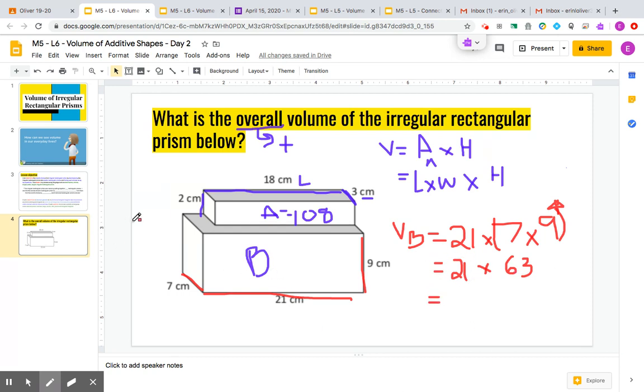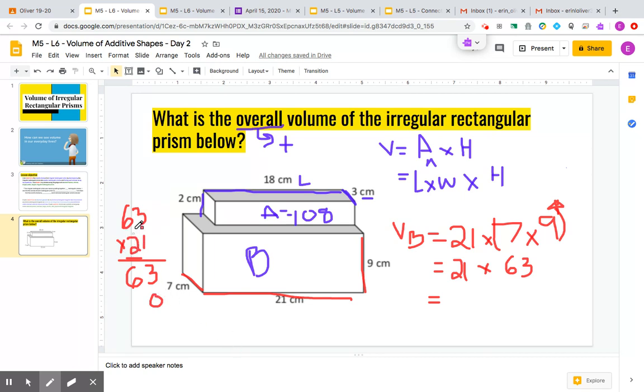So I'm going to do that over here where there's a little bit more room. I'm going to do 63, and I'm going to multiply by 21. Okay, we start in our ones place. 1 times 3 is 3. 1 times 6, but remember this is in our tens place, so it's 1 times 60 is going to be 60. Now we multiply by the 2 in our tens place. But remember, anything times 10 is never going to equal a 1.